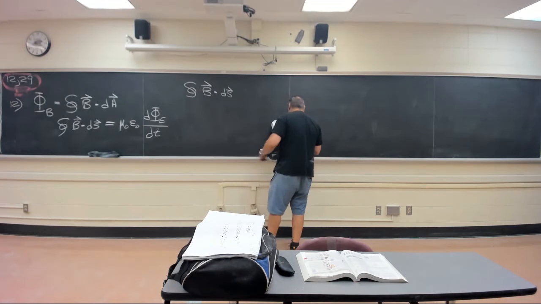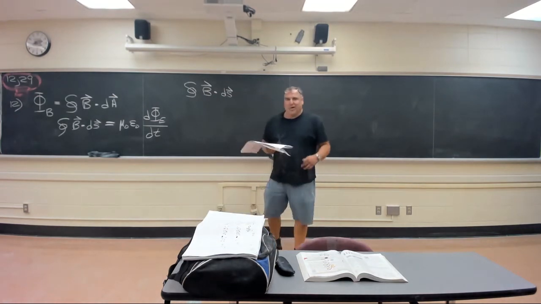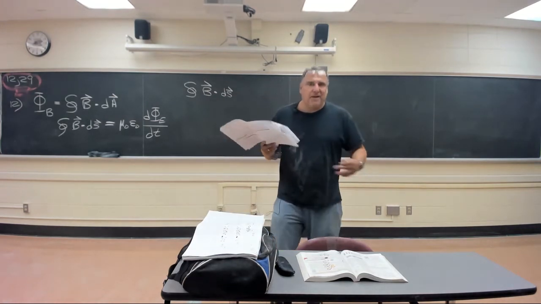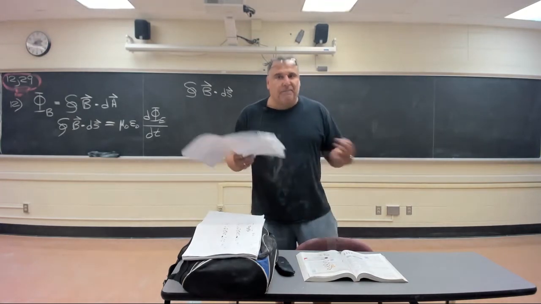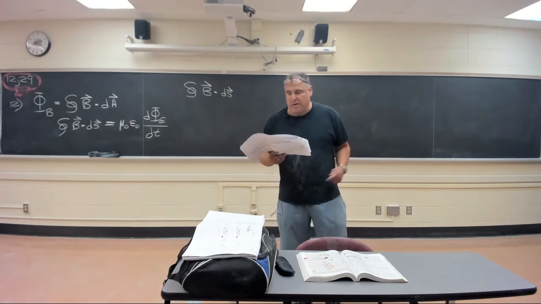The changing flux of the electric field behaves like a current, or has elements of its behavior. It's like a fictitious current. It has elements of behaving like a current.